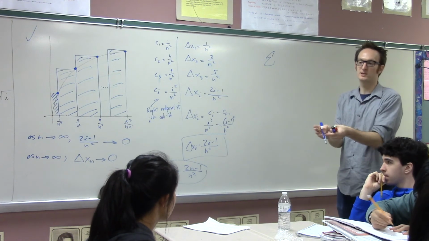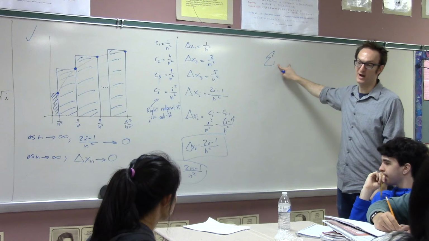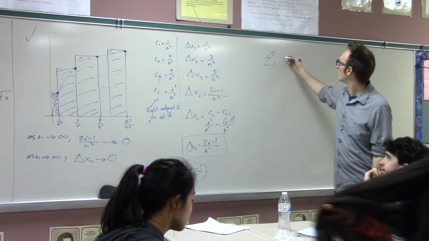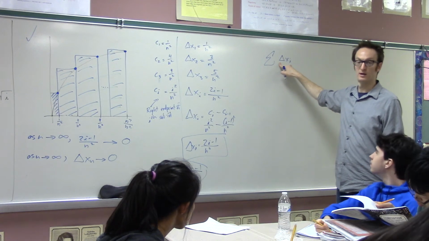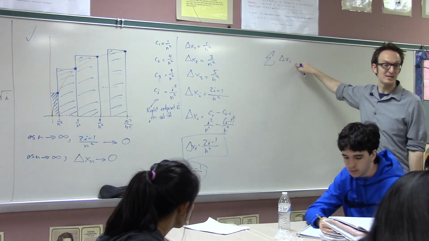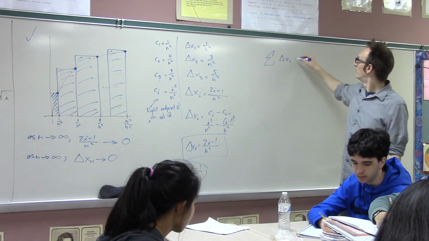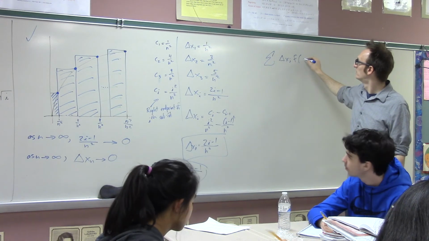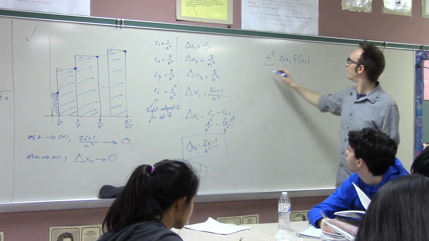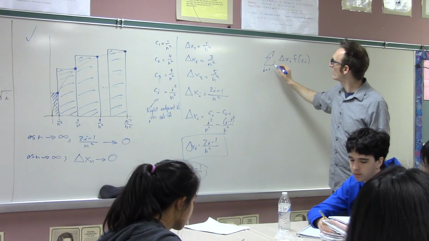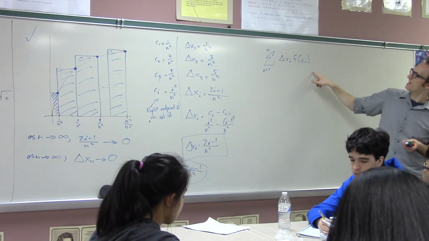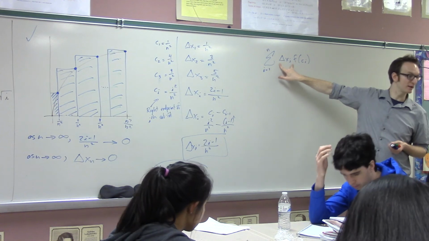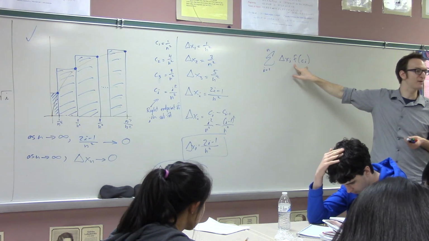It's the width, delta x sub i, times the height, f of c sub i. So in its most general form, the area of the ith rectangle is the width times the height. Is everyone okay with that?